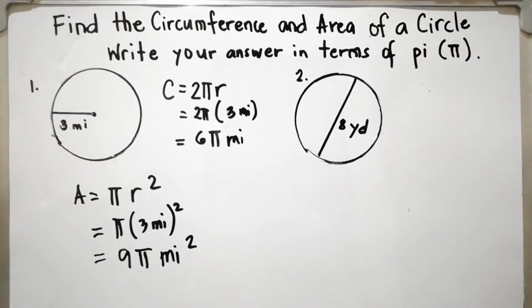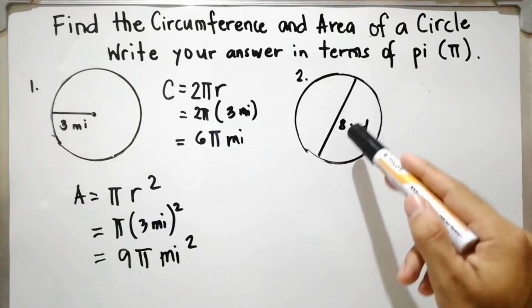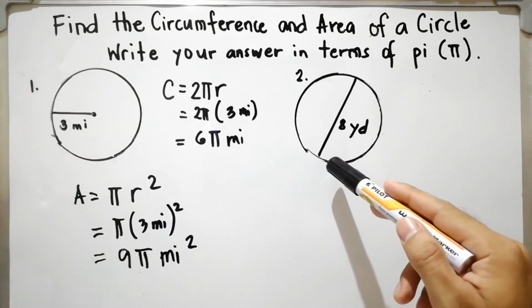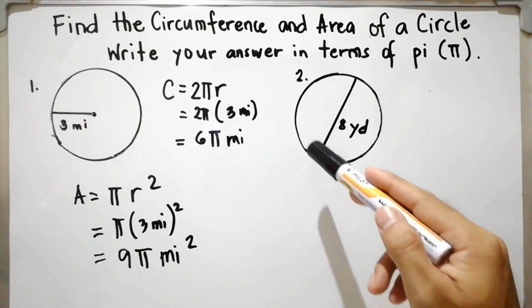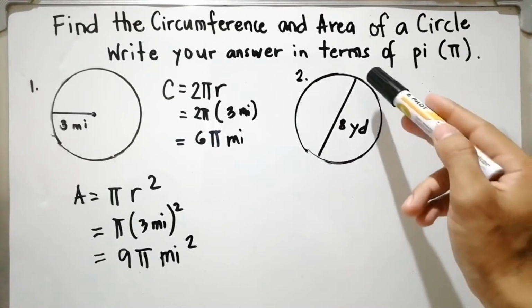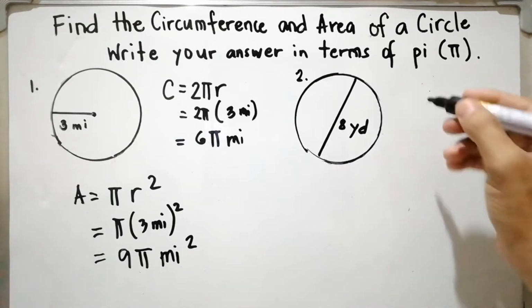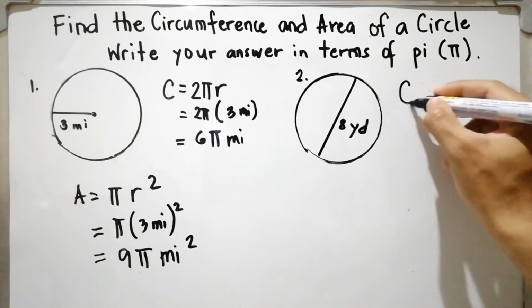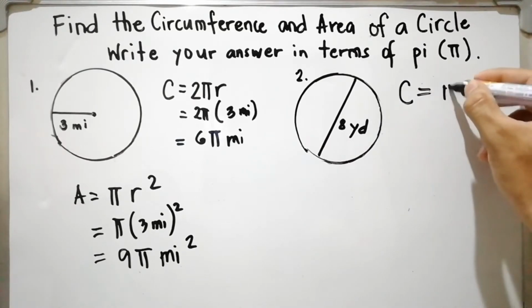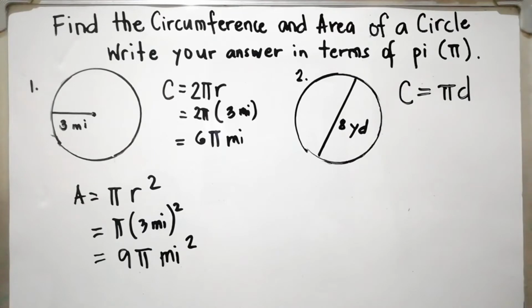For item number 2, the given is 8 yards, which is diameter. So let us find the circumference of the circle. Again, the given is diameter. Therefore, we are going to use the formula of the circumference, which is C is equal to pi d.